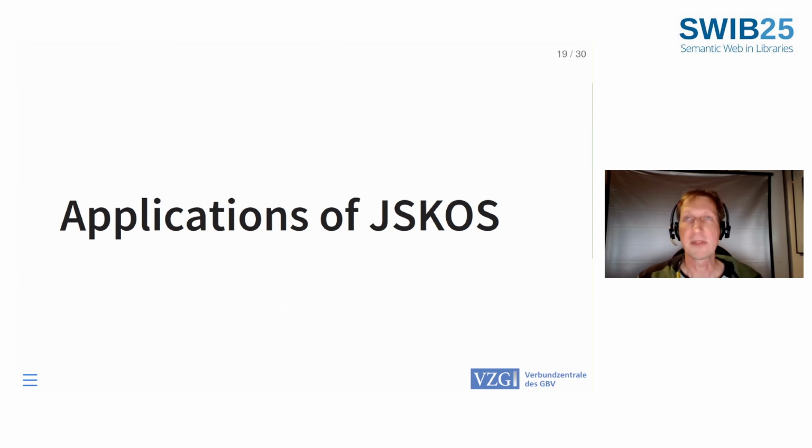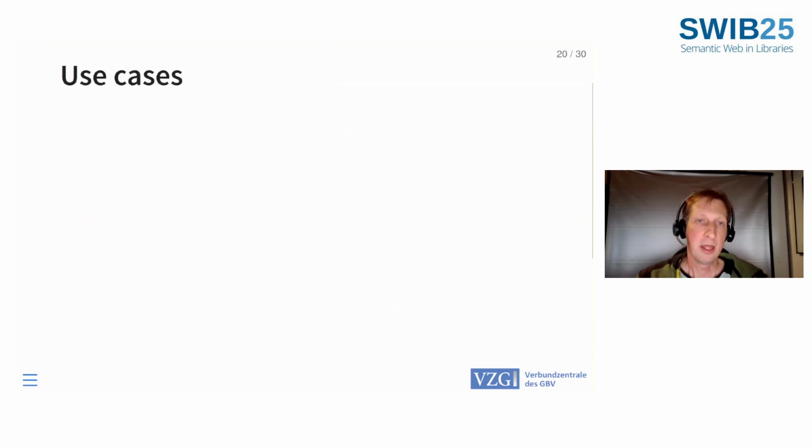So where is this format used? The main use cases are at VZG, at our institution, and as I said, it's now an infrastructure. So it's in the Cocoda web application to create and manage mappings. It's the internal data model of the BARTOC terminology registry, so information about all vocabularies and terminologies we know about. And then we run another terminology service where people can manage their own vocabularies called DANTE, and this is where the extended user requests came from.